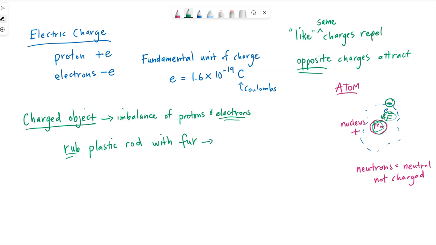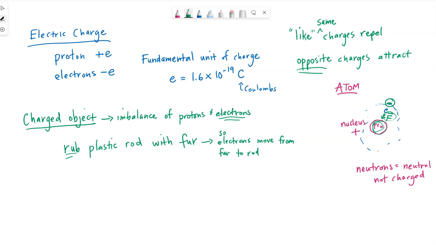In this case, electrons, not all of them, but some electrons from the fur move to the rod. Electrons move from the fur to the rod.